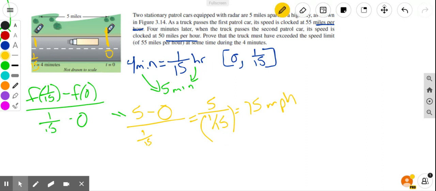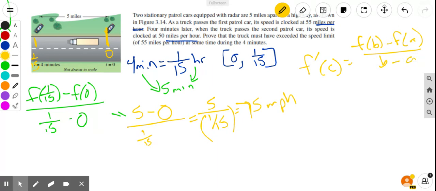So, if that's the case, then according to the mean value theorem, I know that the mean value theorem states that f prime of c should equal f of b minus f of a over b minus a.